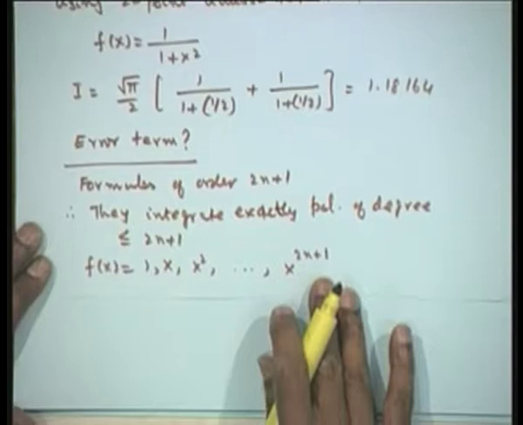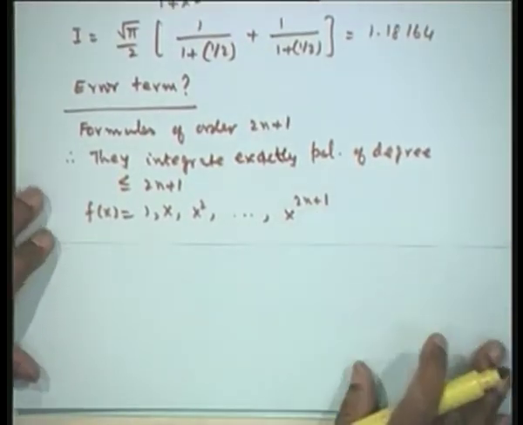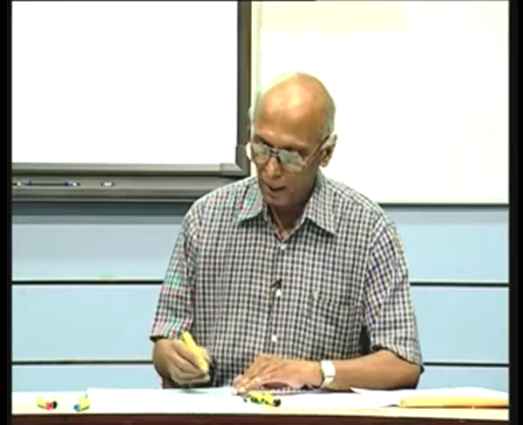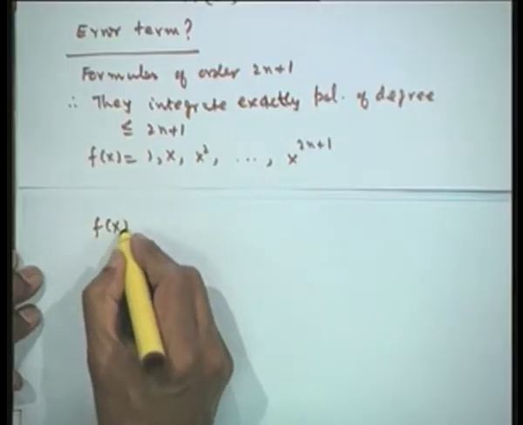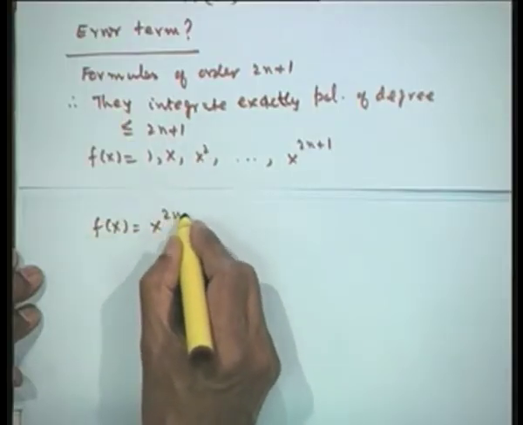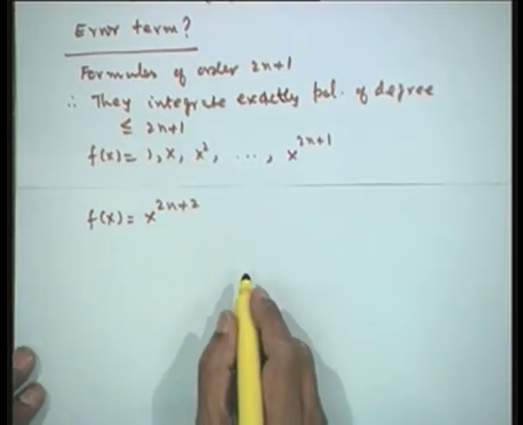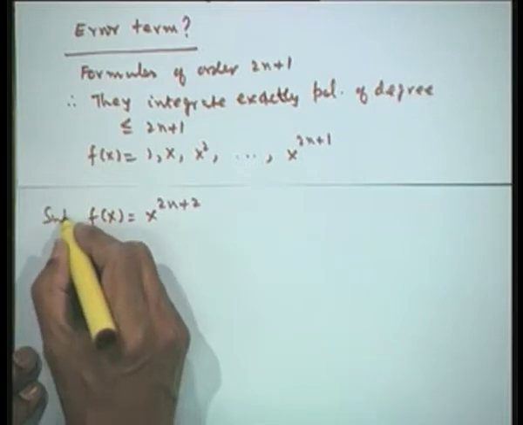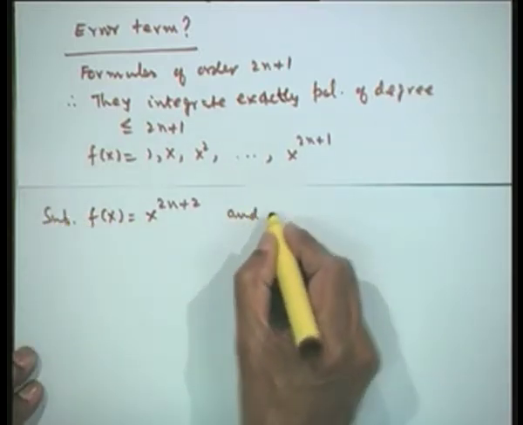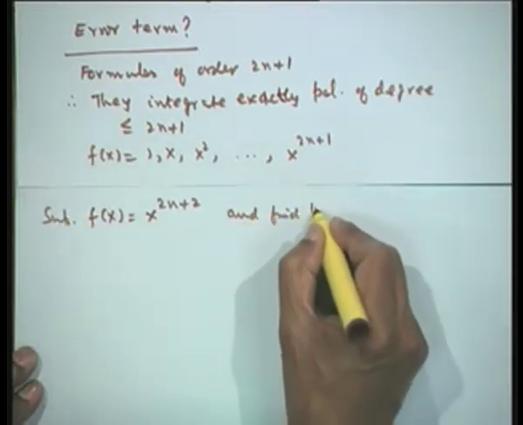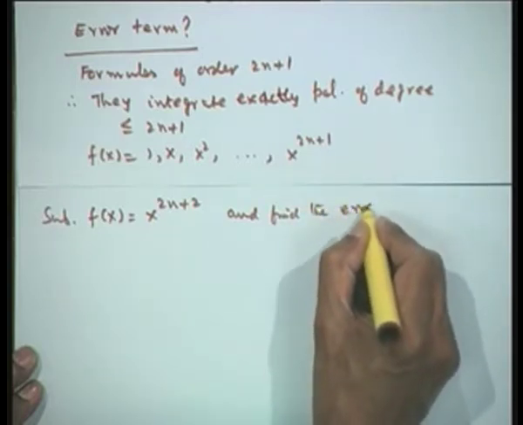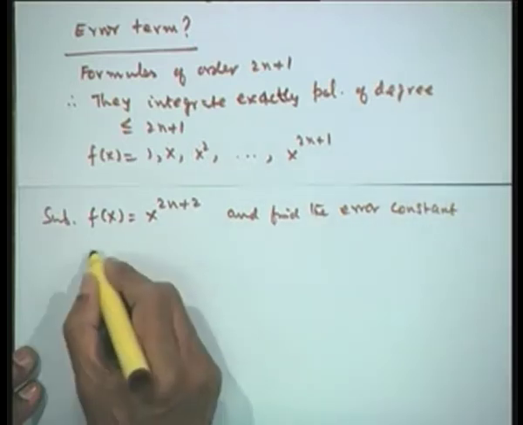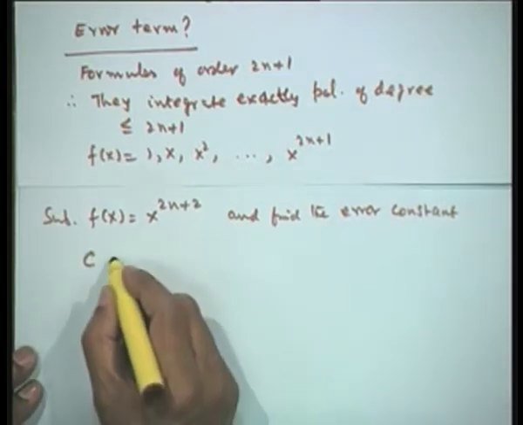Now, if I want the error term, I should take the next power of x, that means to get the error term I would take f(x) equal to x to the power of 2n plus 2 and find out the error constant. Therefore, we substitute this and find the error constant, and error constant is c. And what is this c?